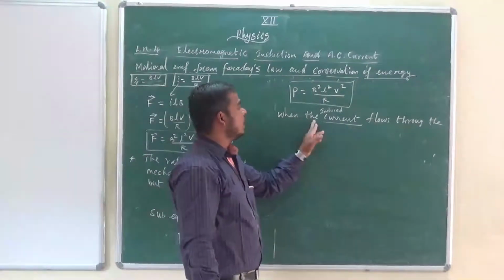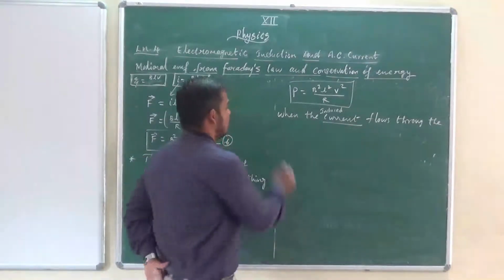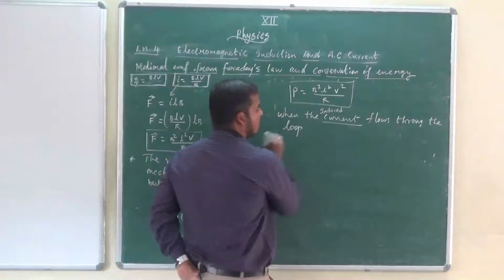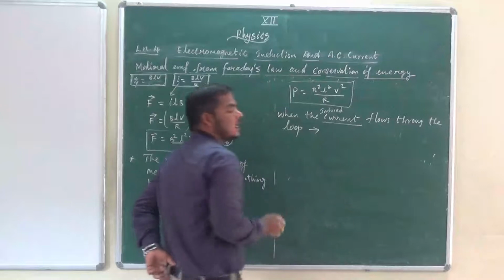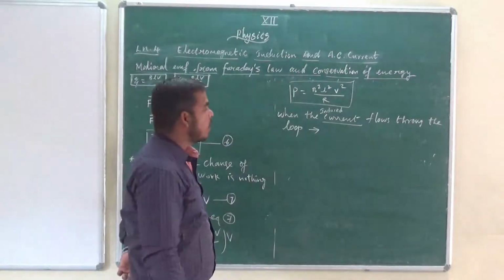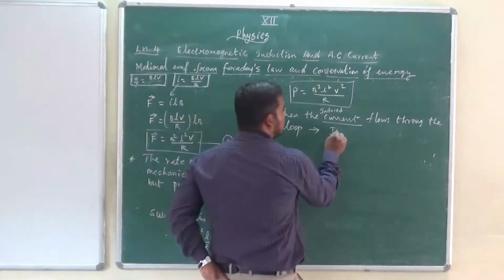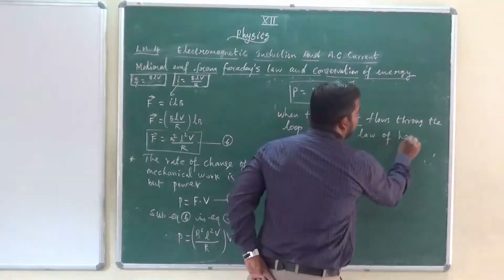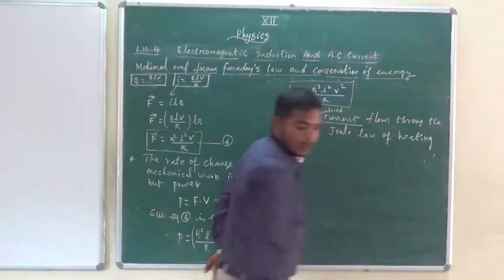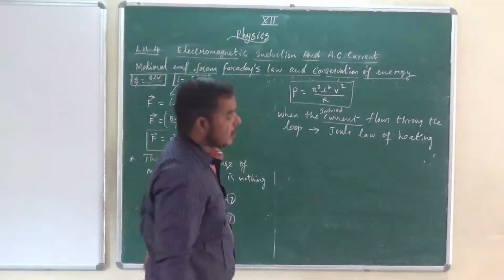When the induced current flows through the loop, what happens is that the current appears in another form. What is that? Joule's law of heating.